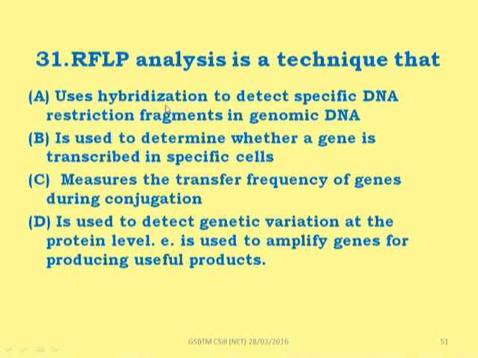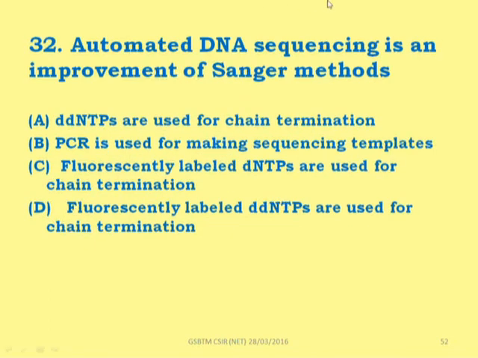Next one, RFLP analysis is that technique. RFLP uses hybridization to detect a specific DNA restriction fragment in the genomic DNA. A is right. Next, automated DNA sequencing is an improvement of Sanger's method. What improvement has been done?